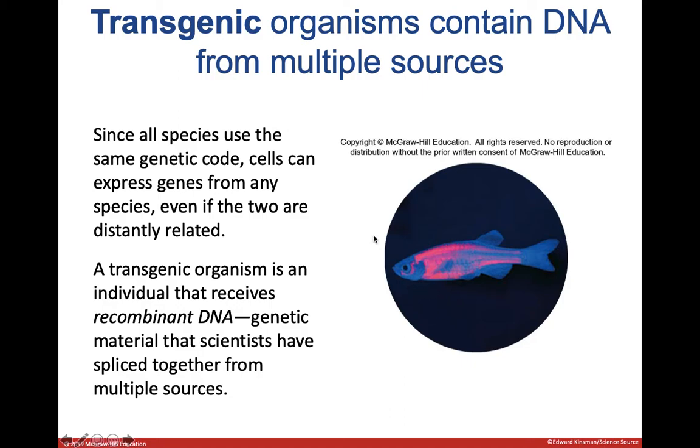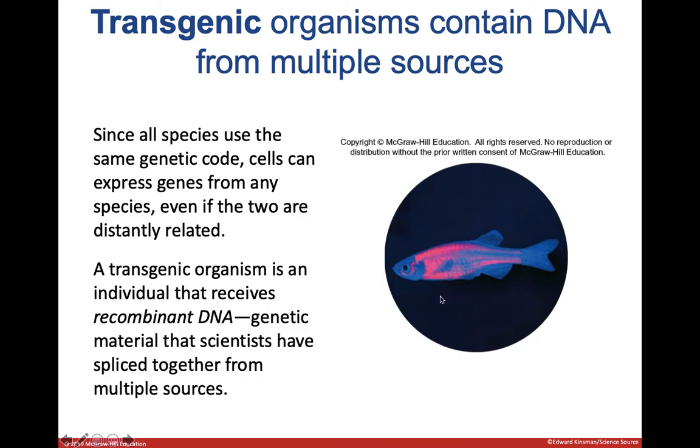So now this fish has genes from two different species inside of it, the original fish as well as the jellyfish. Since every single organism on the planet is made up of the same A's, T's, G's, and C's for their DNA, it's really easy to splice in different genes, because essentially the words are the same. If two people speak English, it's essentially like this DNA is written in English and the jellyfish DNA is written in English.